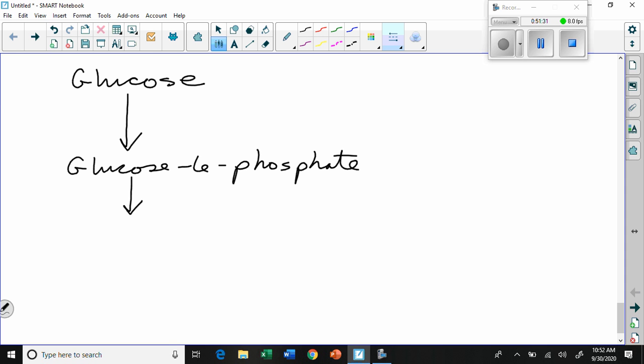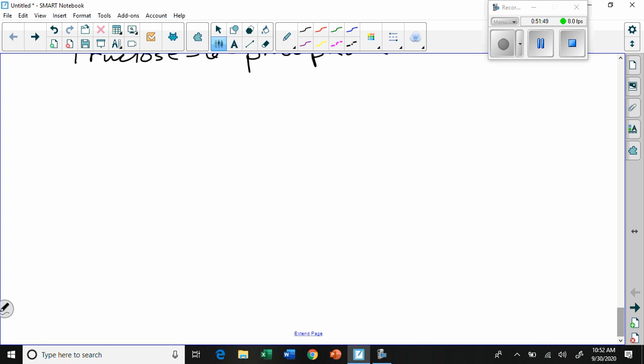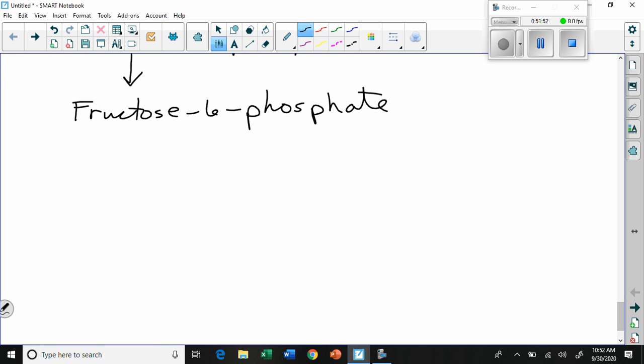Then glucose 6-phosphate becomes fructose 6-phosphate. Okay, so far so good. Then fructose 6-phosphate becomes fructose 6-phosphate. I lost my line thickness. Becomes the fructose 1,6-bisphosphate.